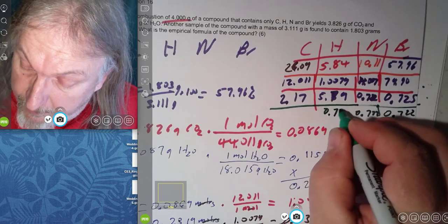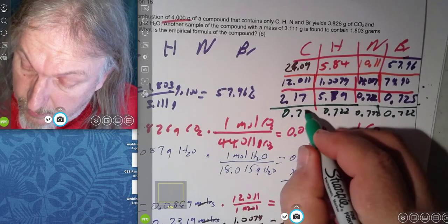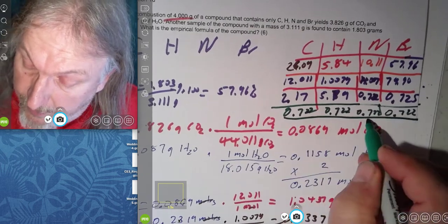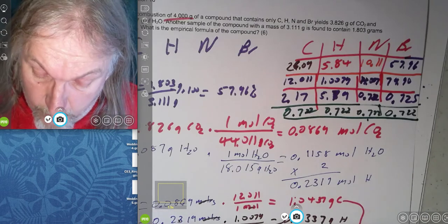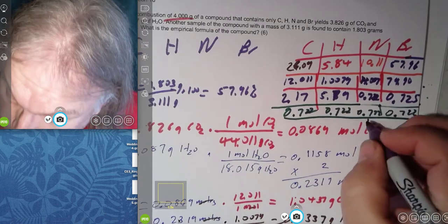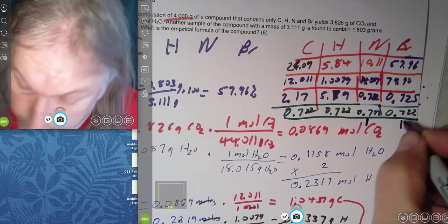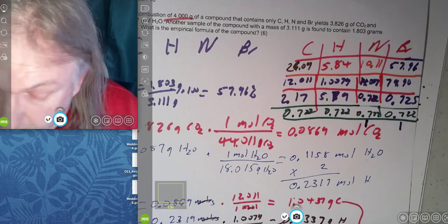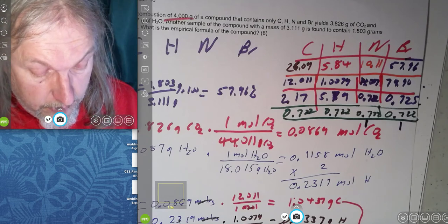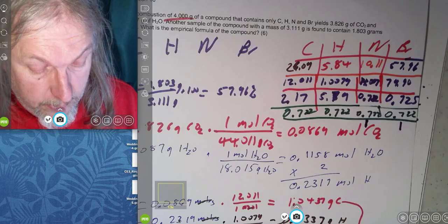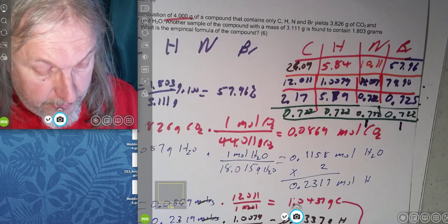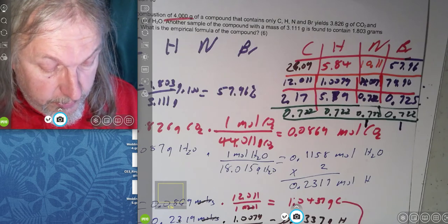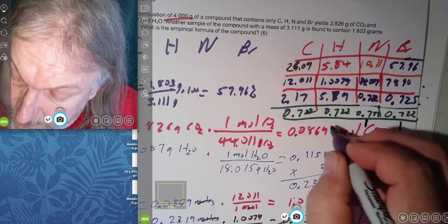Then 5.79 divided by 0.722 is going to give us an 8.